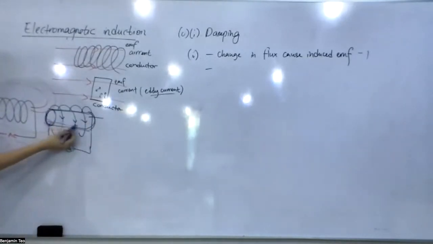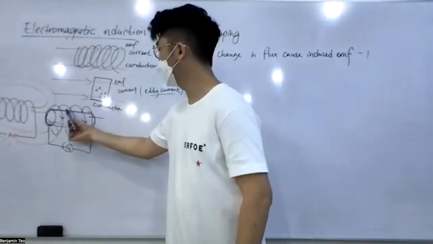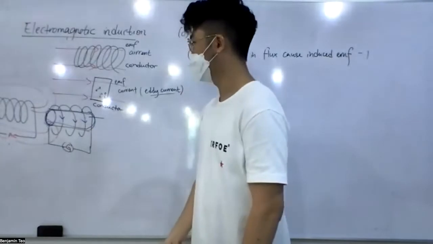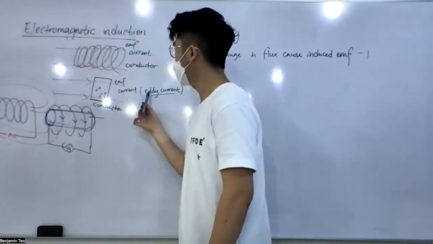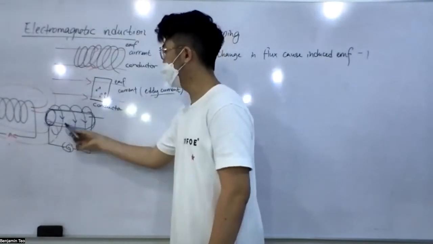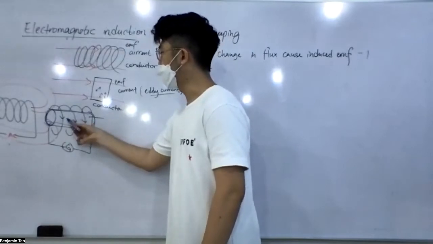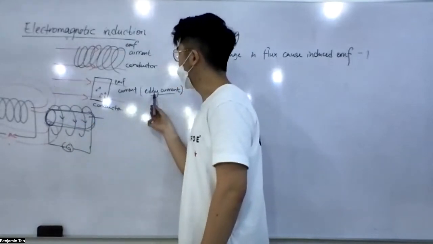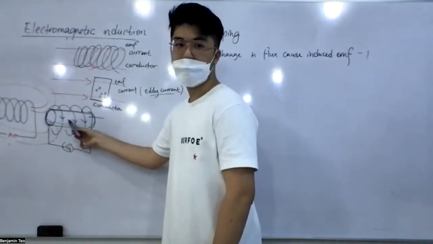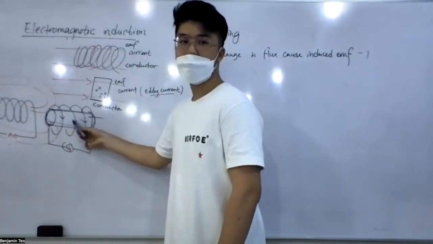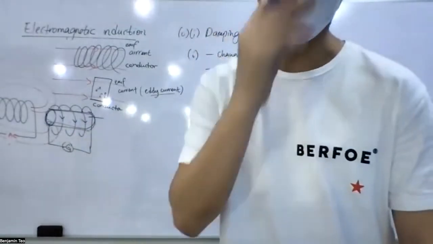Together, this one and this one. The current induced in the core, we call it eddy current. The current induced in the wire, you can measure it, right? But the current induced in the core, eddy current, is what causes the heating of the iron core. And heating causes loss of energy. Whenever you have heat, you have loss of energy.